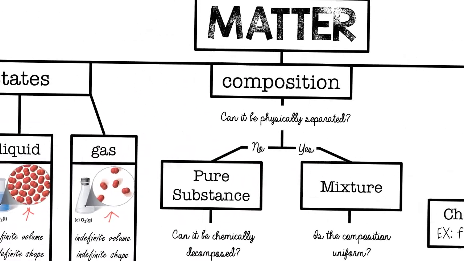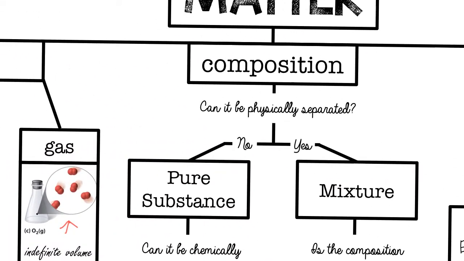The other topic we talked about is the composition of matter. We said that it can be broken down into pure substances, which means that it's 100% all the same, or a mixture, which means they're mixed.